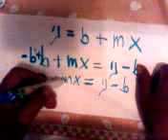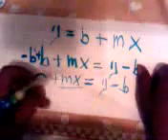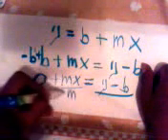Now m and x are multiplying, making a product between m and x, so we have to divide by m, making a quotient by m.